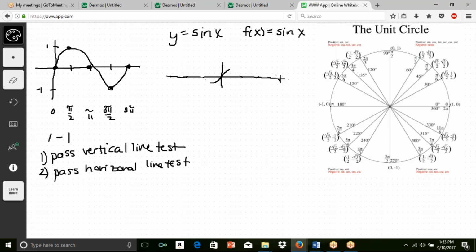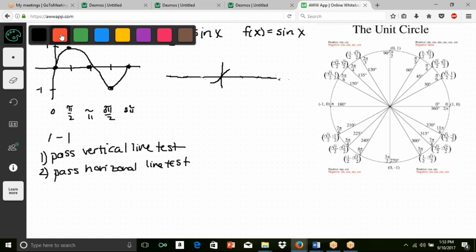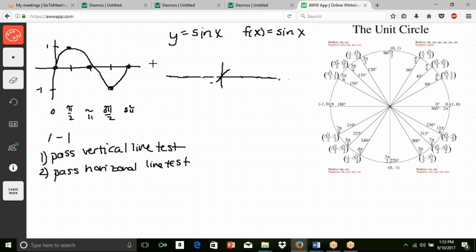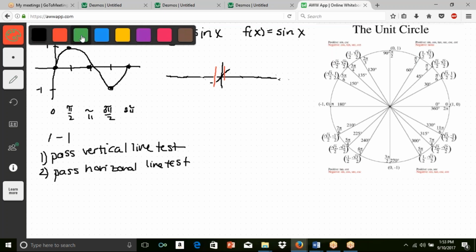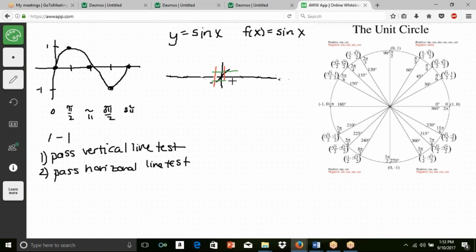And so what I have is, if this is what my function is, then it passes my horizontal line test, and it also passes my vertical line test, okay? As you can see, there's only just a little portion up here. Well, this value that we have graphed is between negative pi over 2 and pi over 2.